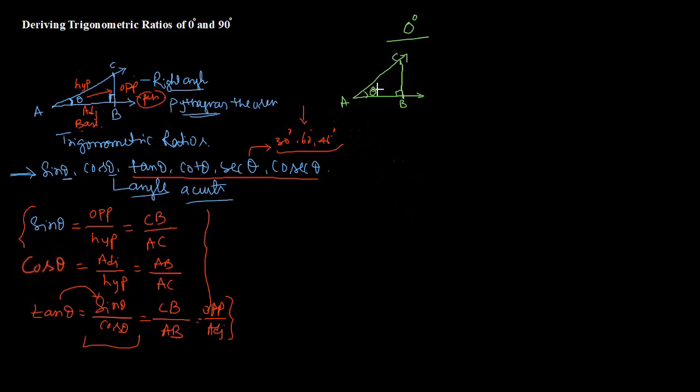To find 0, that means theta equals 0. How can I get theta equal to 0? Let's start. If I assume theta is some 40 or 45, I have to reduce it to 0. I'm going to draw a series of diagrams here so that you can understand.